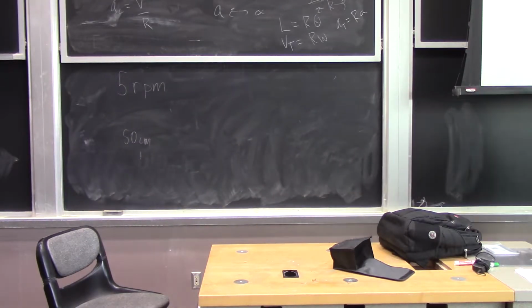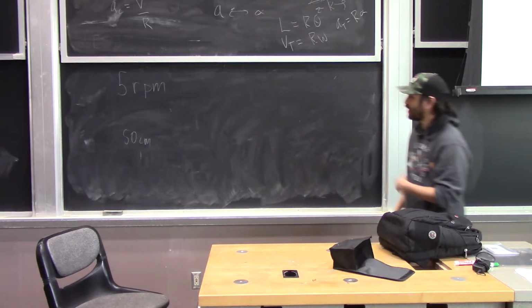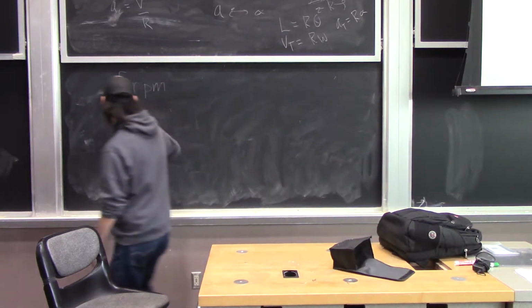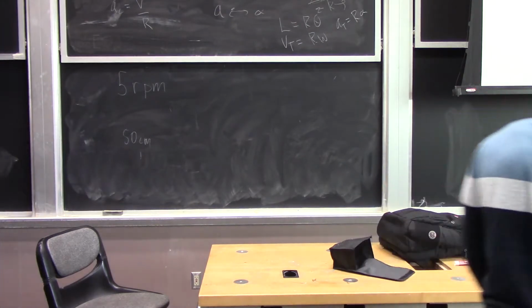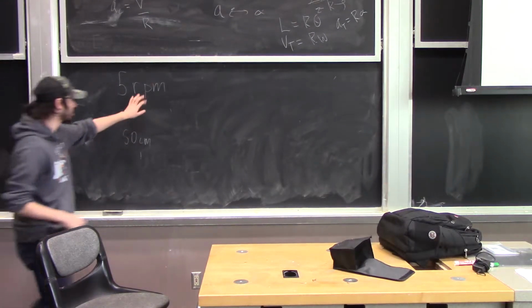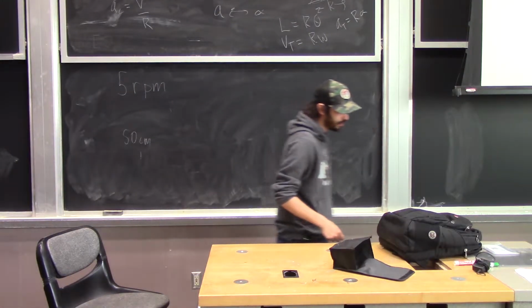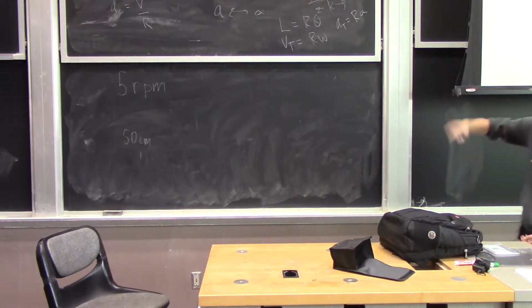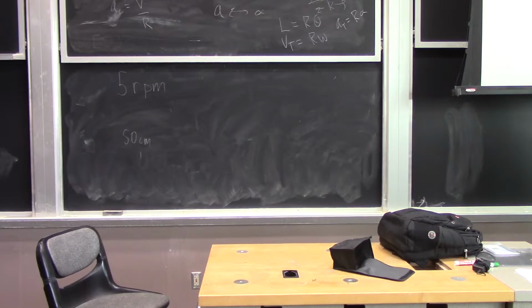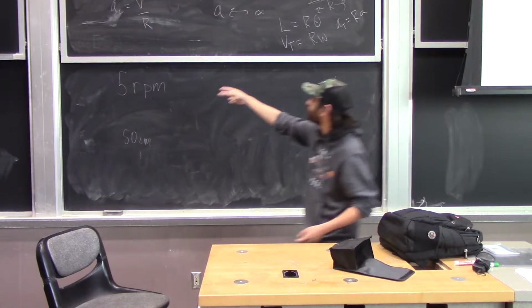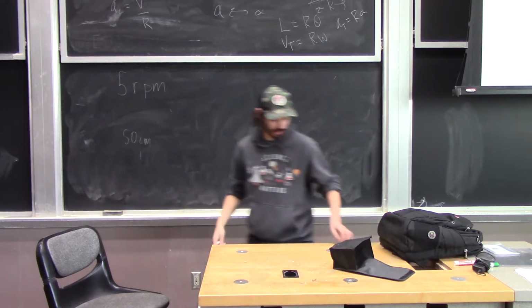All right, so let's talk about this one. So we're given that this object has an angular velocity of 5 revolutions per minute, and what we'd like to do is write this in SI, and so that means to convert it. Actually, 5 RPM is more of a period, but we want to convert this to an angular velocity.